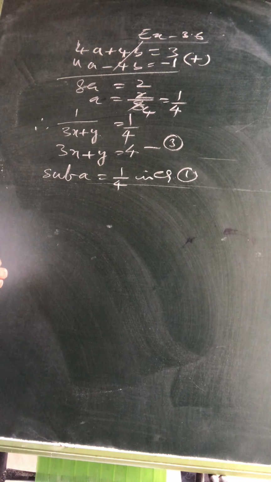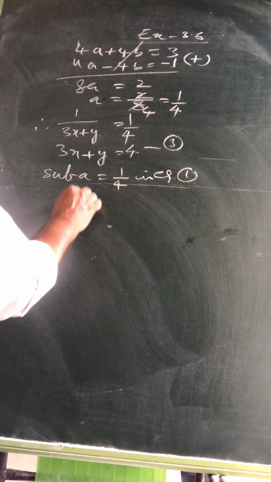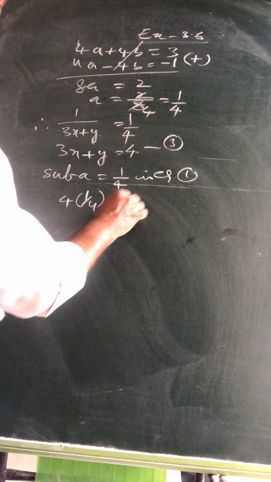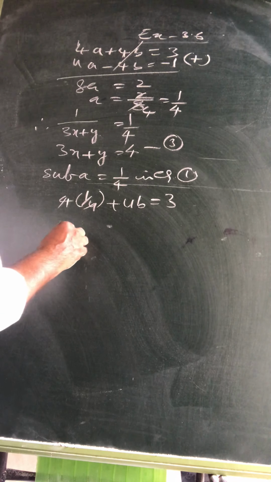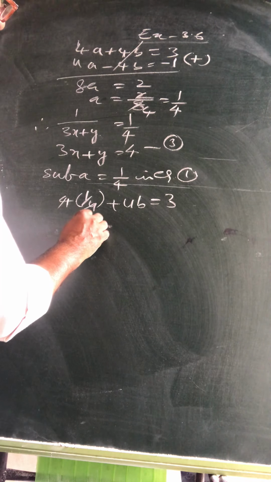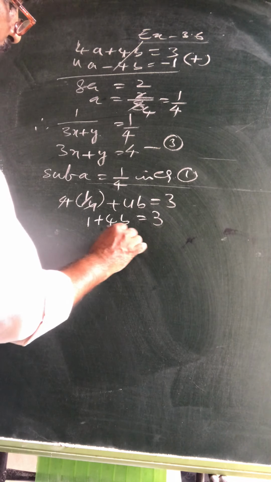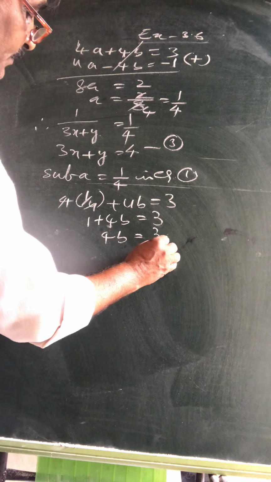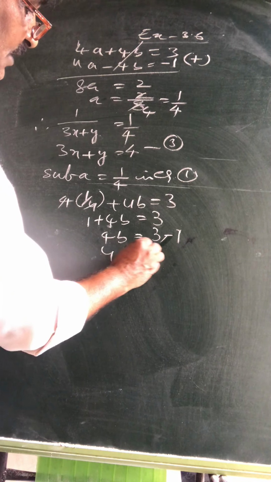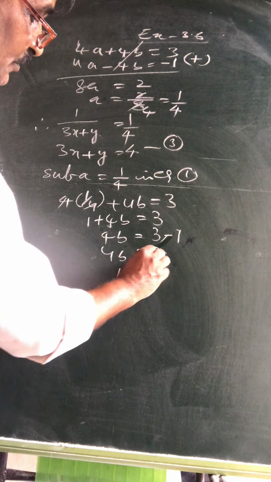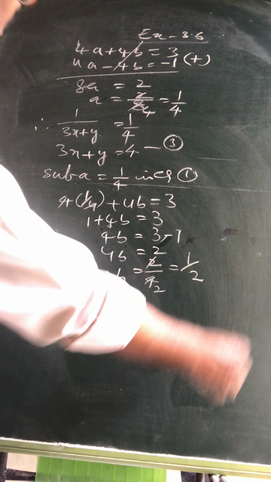In equation 1, what do you get here? 4 into 1 by 4 plus 4b is equal to 3. The 4s cancel. 1 plus 4b is equal to 3. 4b is equal to 3 minus 1. 4b is equal to 2. b is equal to 2 by 4, which is 1 by 2.